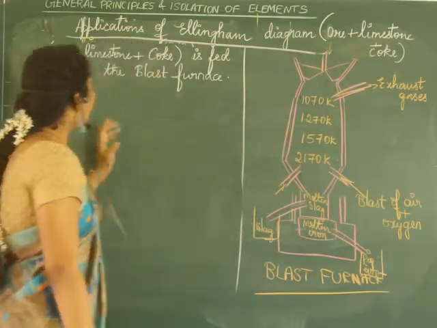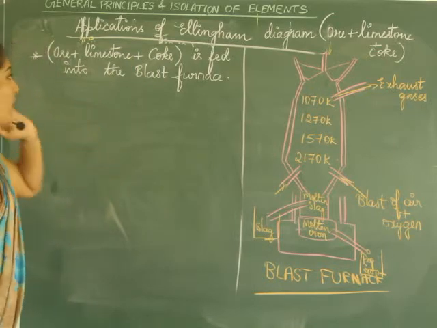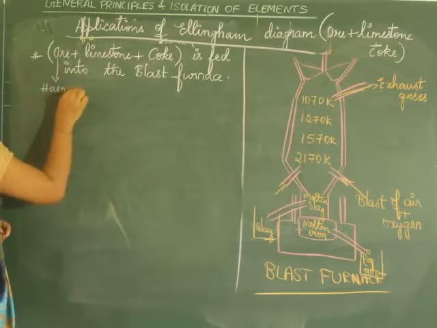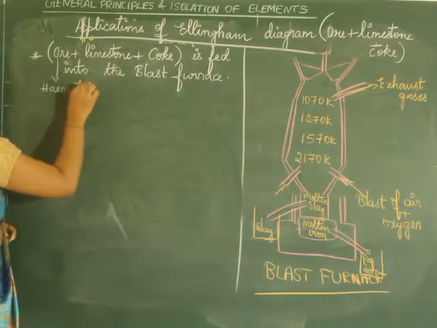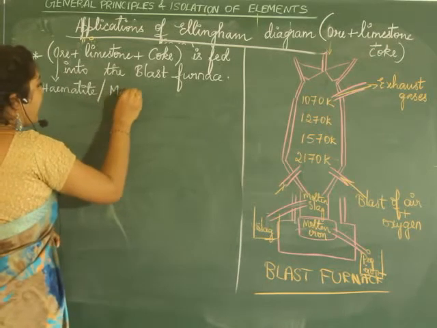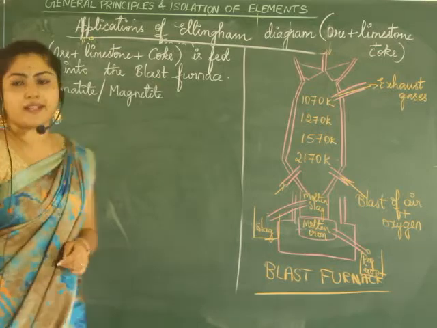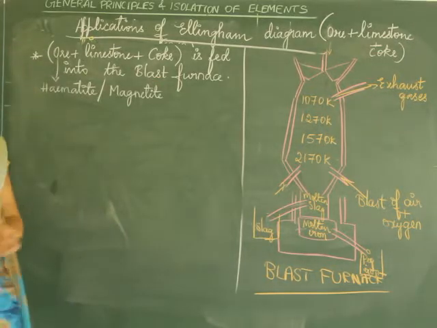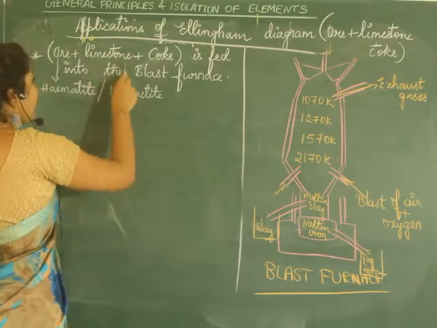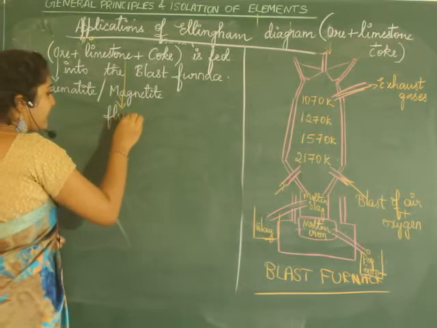Now here what happens? Ore you have taken, why you have taken limestone is a question now. Ore can be either hematite, Fe2O3, or magnetite, Fe3O4. Oxide ore usually will be considered. One more we have taken limestone, isn't it? What is the role of limestone? Limestone acts as flux.